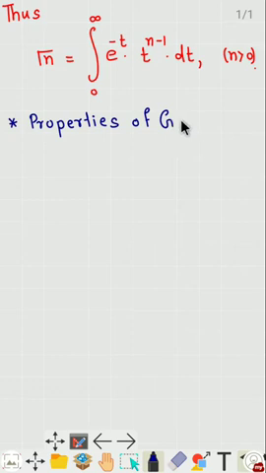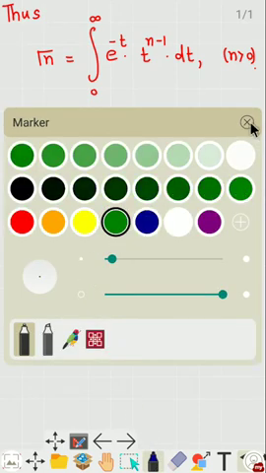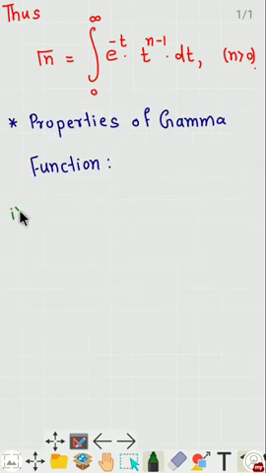The first property of gamma function is that gamma 1 has the value 1, gamma 1 is equal to 1.